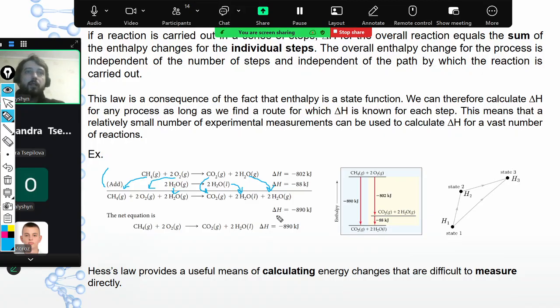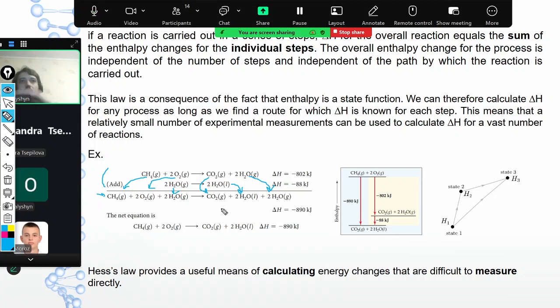Then, in the same way as we do in courses of algebra, we can remove something from both sides of the equation. So in this equation, what do you see on both sides of the arrow that is the same and can basically be removed?